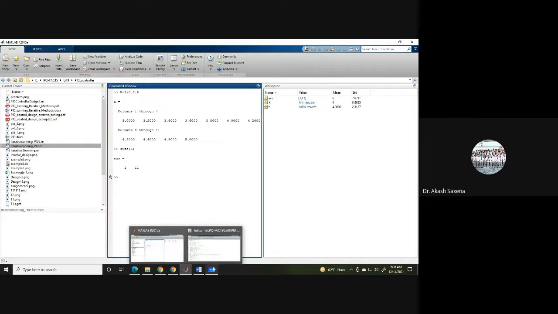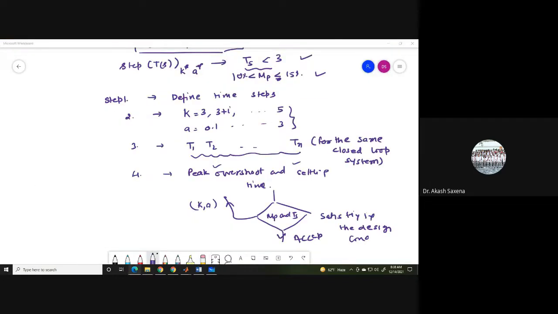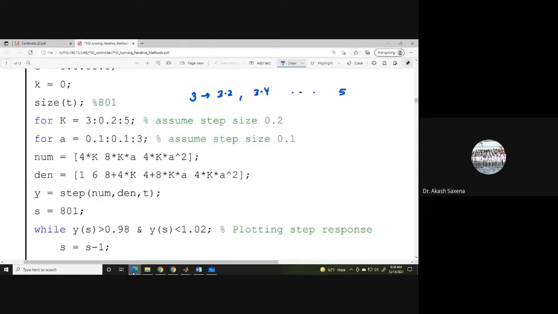That means there will be 11 values for this. So I will be checking my design for these 11 values.